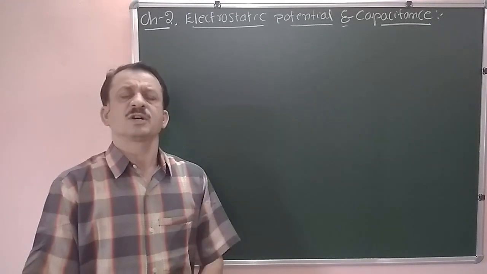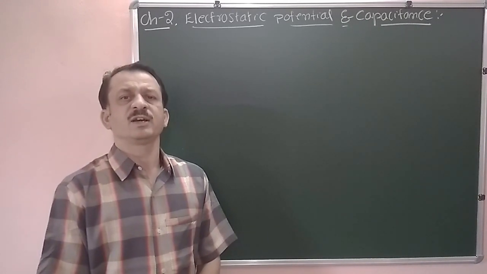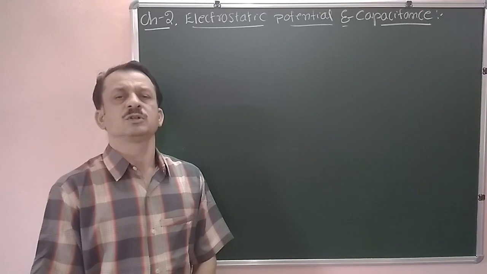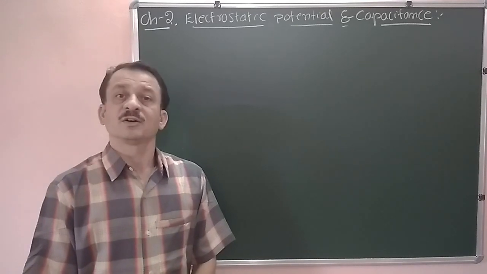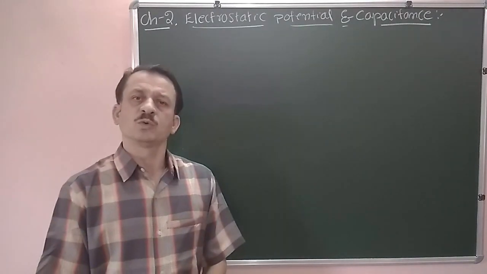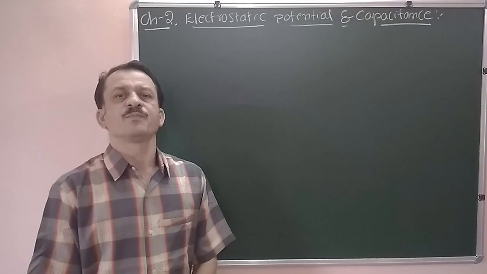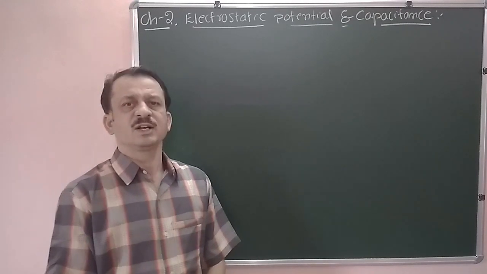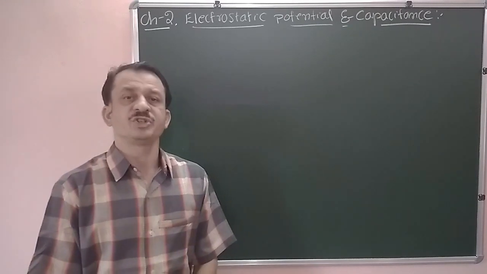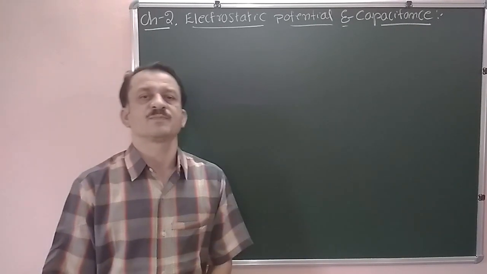Now in the previous chapter we have studied two important concepts, that is electric field and electric force. Those are vector quantities. Now here we are going to study two concepts, that is electric potential energy and electrostatic potential. These two are scalar quantities.